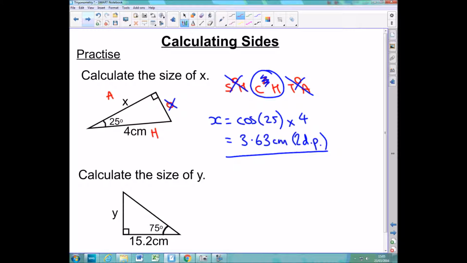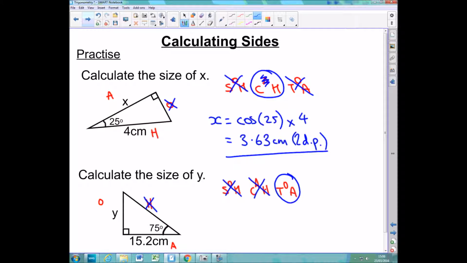Okay, looking at this one down the bottom, again, first step is to label my triangle. So I have my opposite, I have my adjacent, and this one here is the hypotenuse. Writing out SOHCAHTOA, and I'm going to eliminate everything that has an H in it, because H has got nothing to do with my question. So eliminating H eliminates the SOH and the CAH. I'm left with TOA.